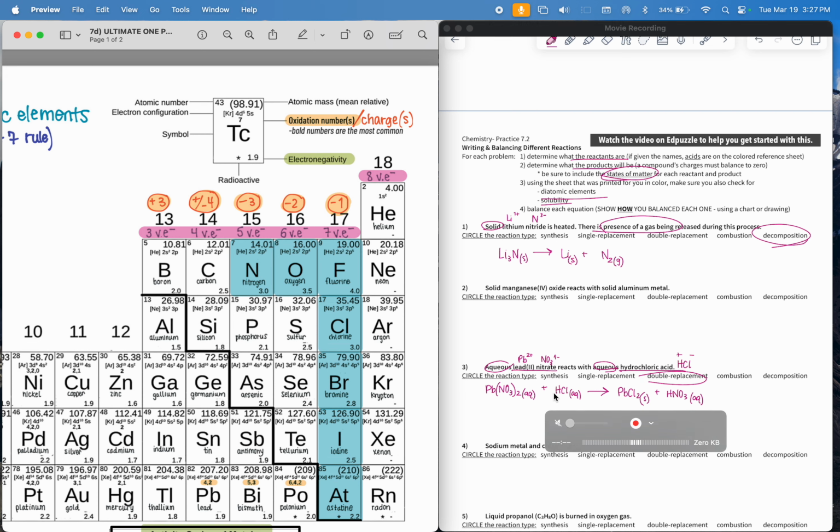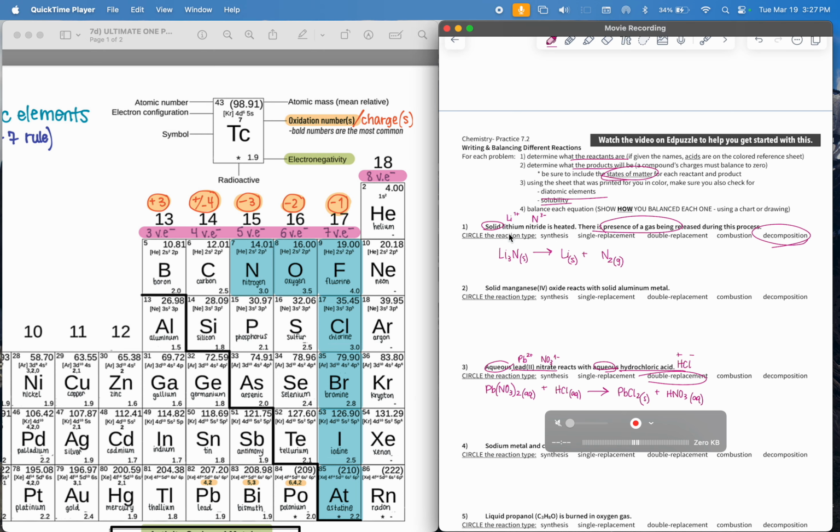Your charges need to balance to be 0 when you're writing that compound, just like what I modeled with the lead 2 nitrate and the lithium nitride, where I'm figuring out those two charges and then balancing it in the compound to get the charges to balance to 0. Okay, so all those little things we have to keep in mind as we're writing those equations out.